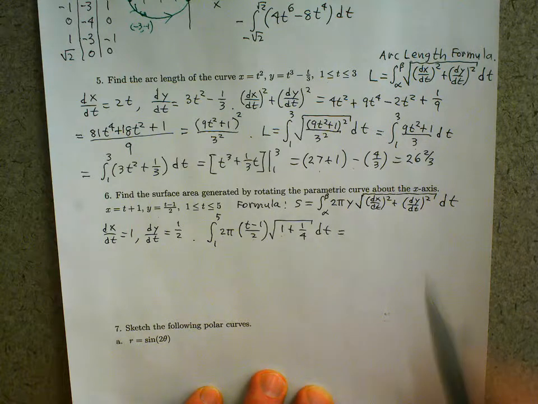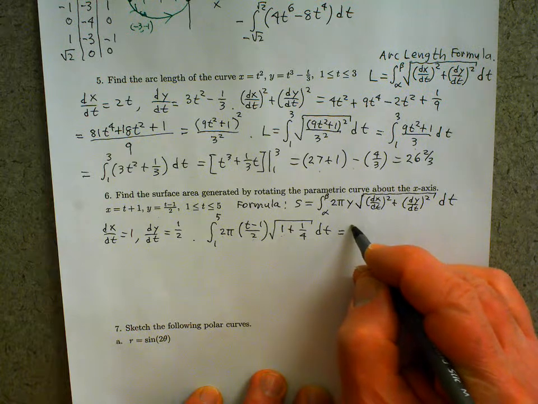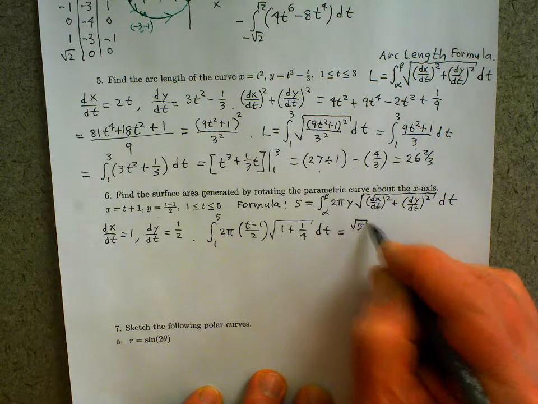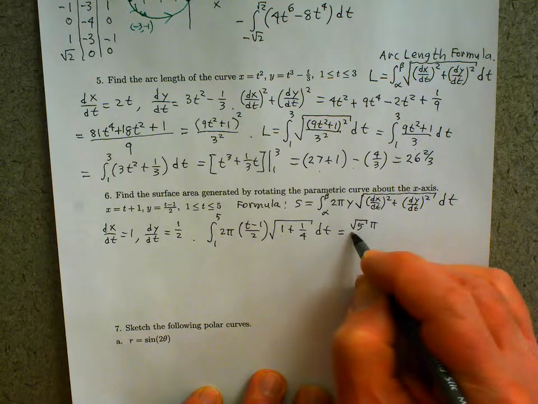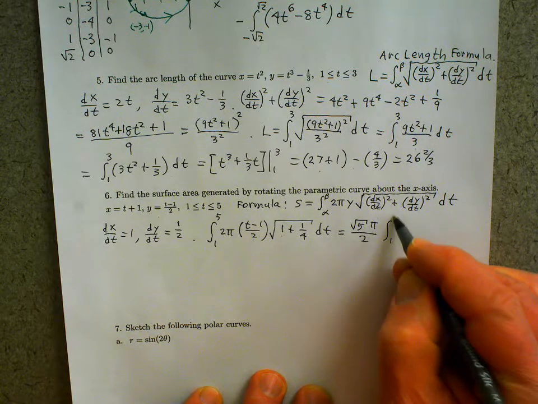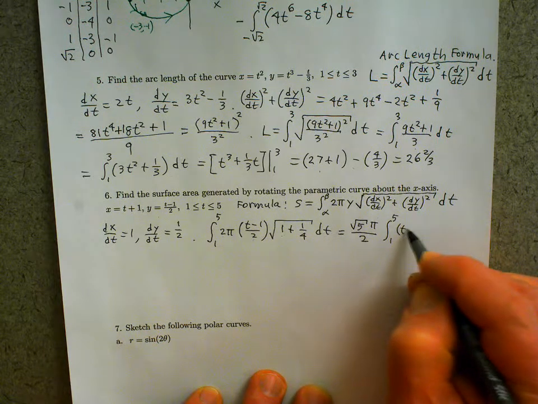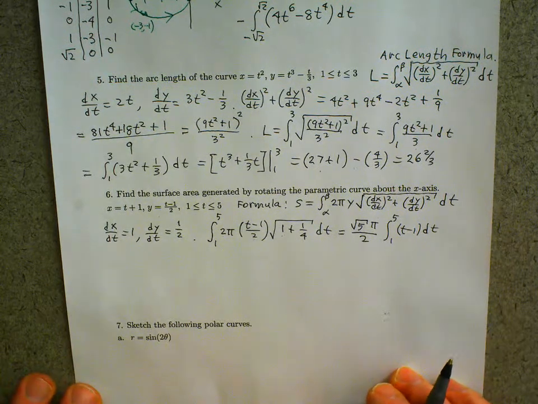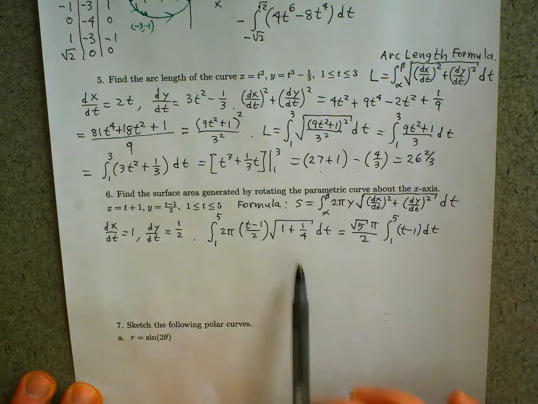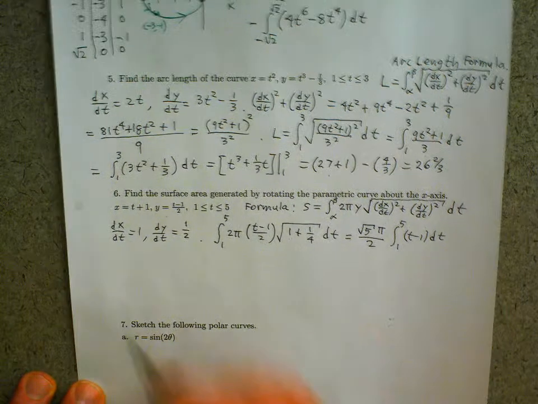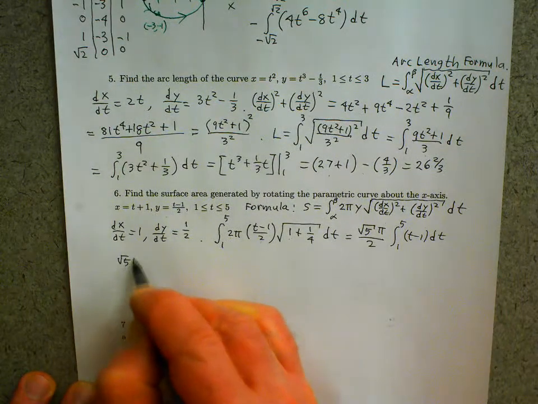So if we bring the constant out front, we'll get the square root of 5 times pi over 2, and then the integral of t minus 1 from t equals 1 to 5. Okay, that looks right. So the square root of 5 times pi over 2.